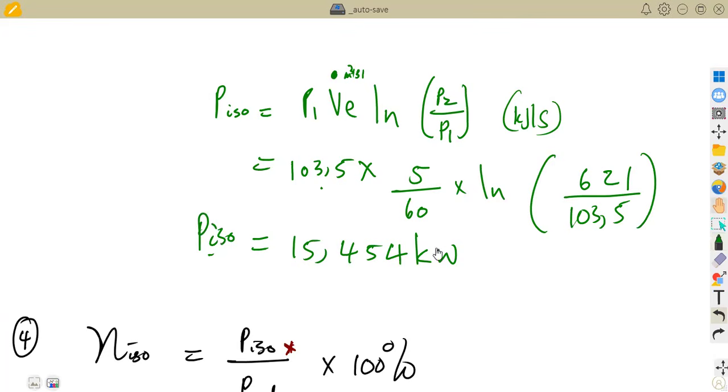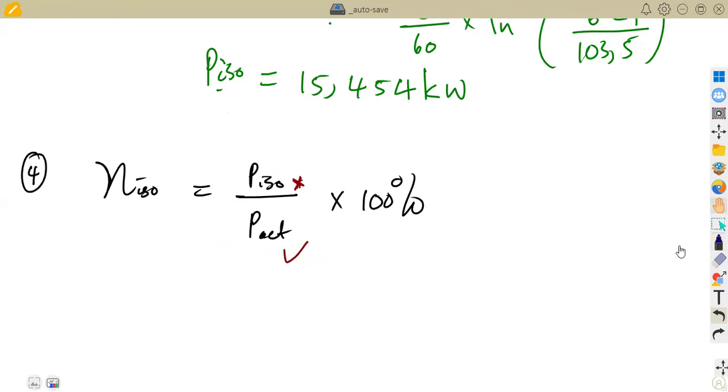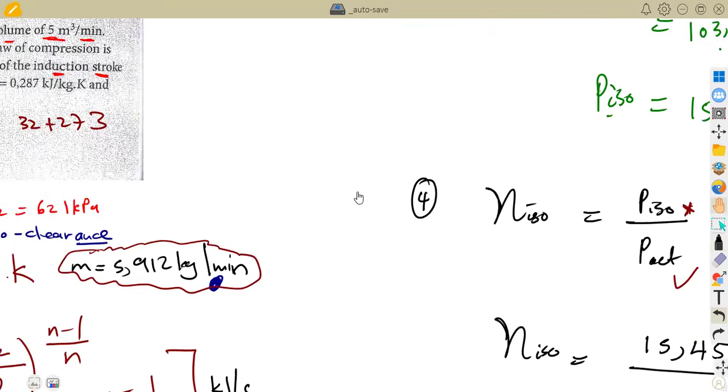You have the formula there. With these two, I'm done. With these two, I can be able to determine the isothermal efficiency. So we saw that we calculated everything. So the isothermal efficiency was going to be the isothermal power, 15,454, over the actual power, which is the one that we calculated first.